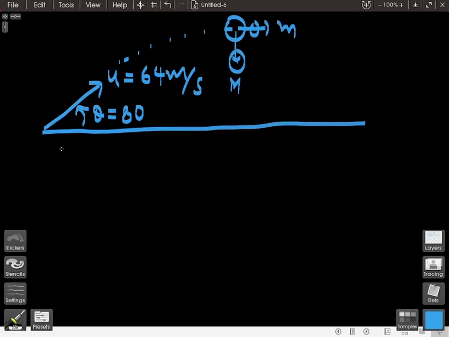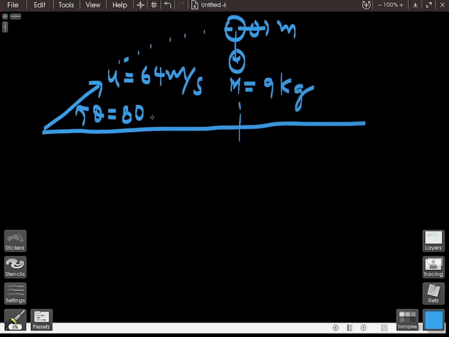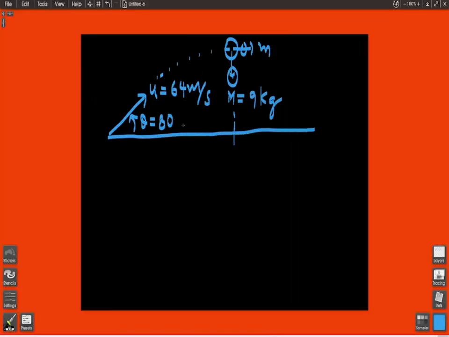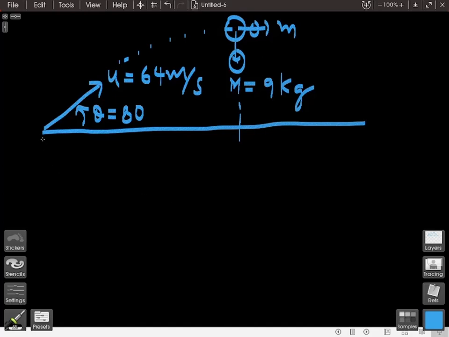So in part A, what we have been asked is how far does this big piece, which is of 9 kg, fall from the point of projection. Okay, so let's look at this.